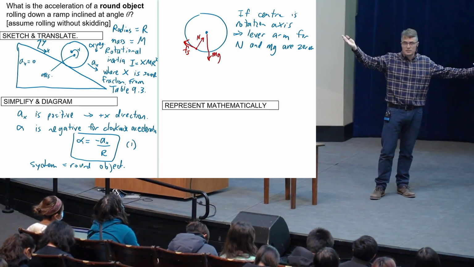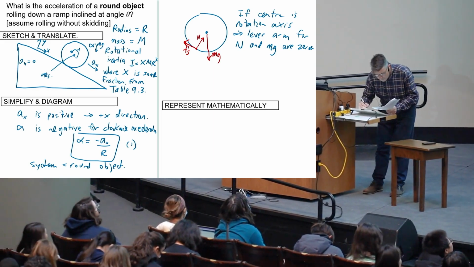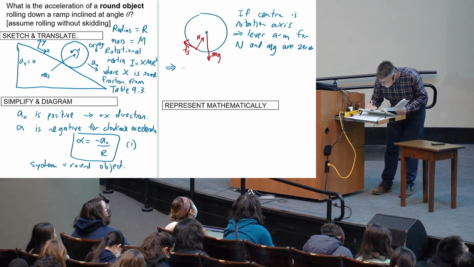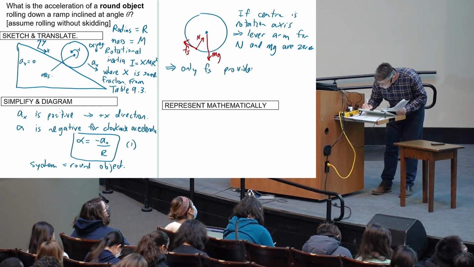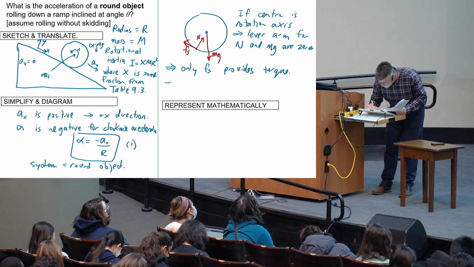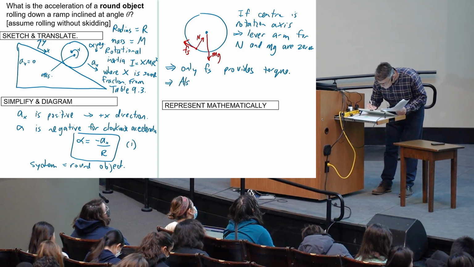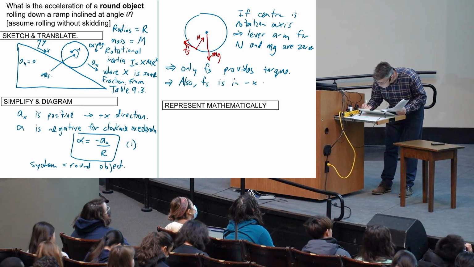And therefore, it's not going to torque it either. So basically, only F sub s provides any torque. Okay? And also, it's going to slow it down. Fs is in the negative x direction, so let's not forget about that.